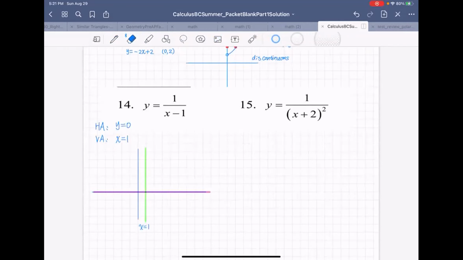Okay. Let's give a few points so that we are able to draw. Look. X equals 2, Y equals 1. There, correct? Okay. And x equals 3, y equals 1/2.